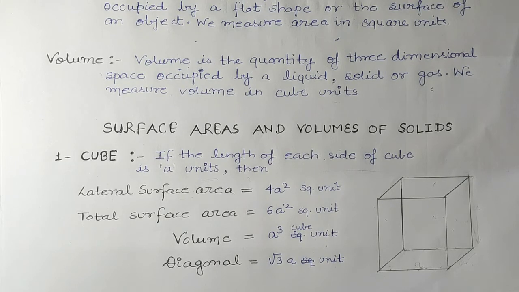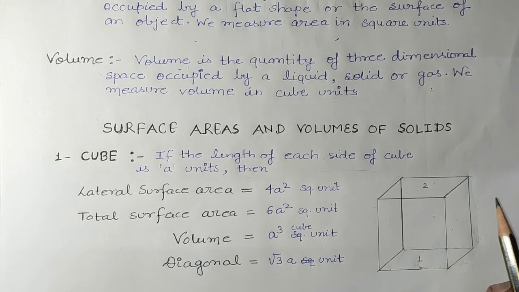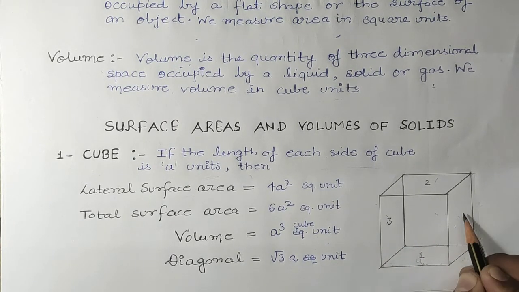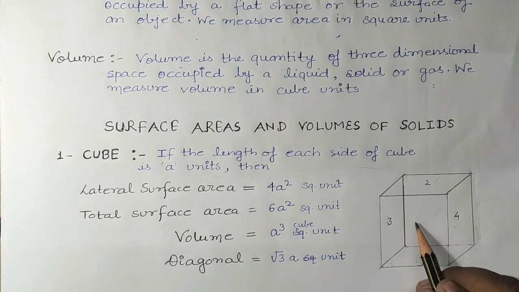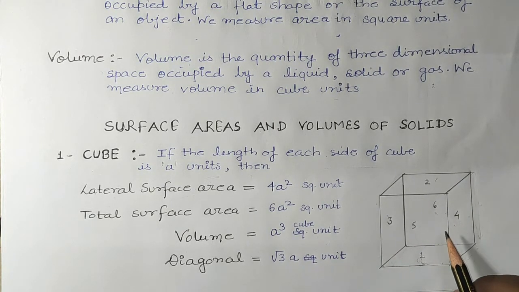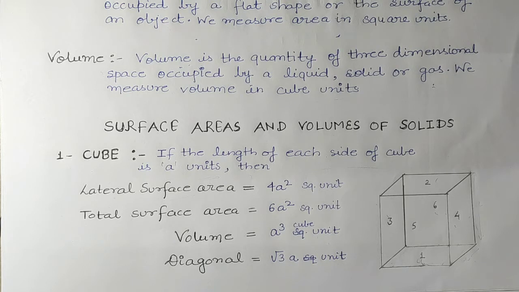In this figure total 6 surfaces are there. One is its floor, second is its roof, 3 and 4 are its side walls, and 5 and 6, 5 is its front wall and 6 is the wall behind the front wall. Okay, so these are the 6 surfaces in a cube.